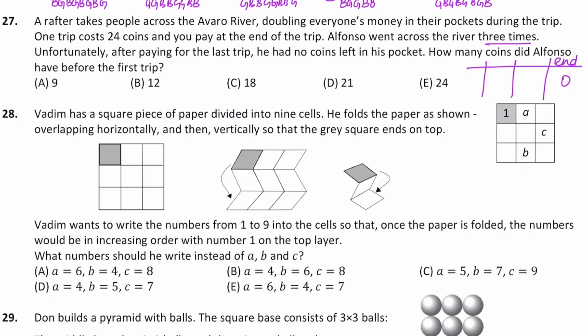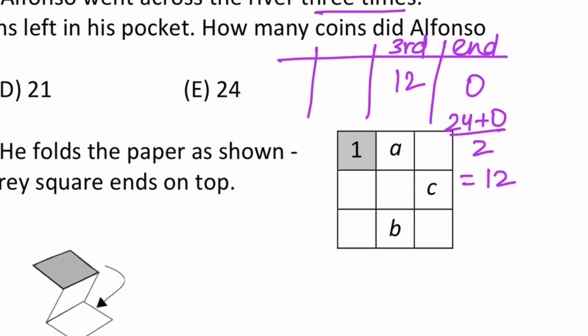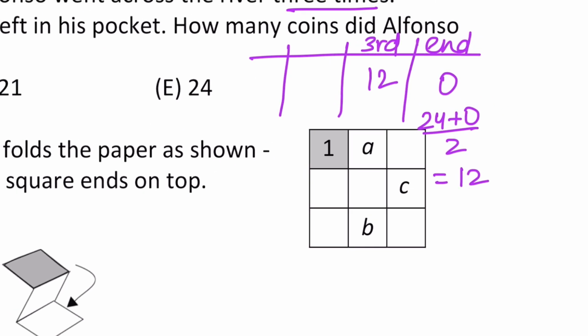Because we have 24 plus 0, we'll half that, which will give me 12. So at the start of the third trip, he had 12 coins. Now we're going to do the same for that. Now we know he had 24 plus 12 divided by 2. 24 plus 12 is 36.